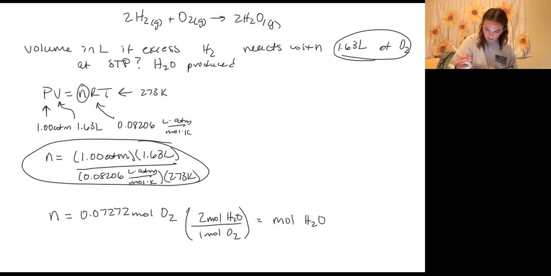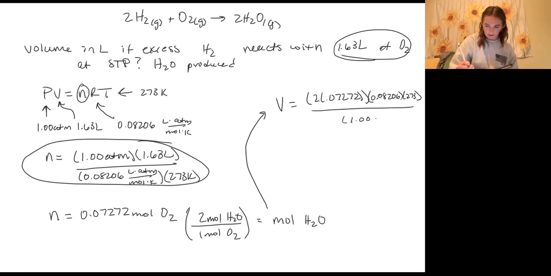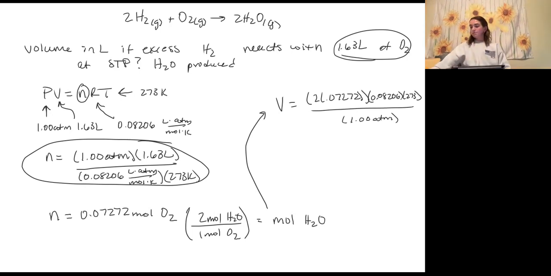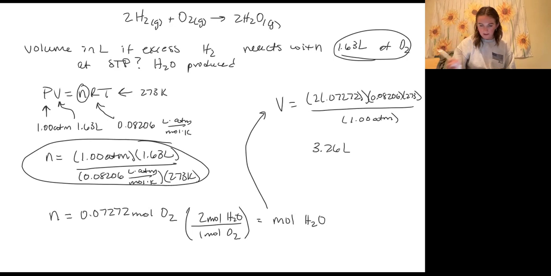So volume will be equal to the number of moles, so the 2 times 0.07272 times 0.08206 times 273 divided by pressure, which is again 1.00 atm. And so we get 3.26 liters of H2O.